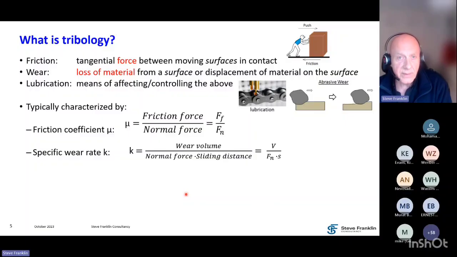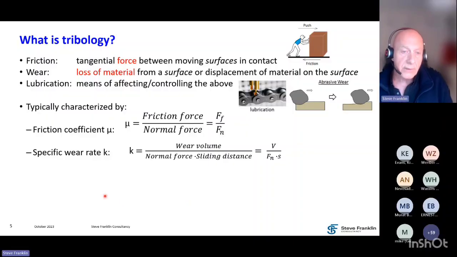Whereas wear is about the loss of material from the surface, or displacement of that material on the surface, and damaging the surface. So friction and wear do completely different things, but they do influence each other. And I always see lubrication really as a means of influencing or controlling friction and wear.